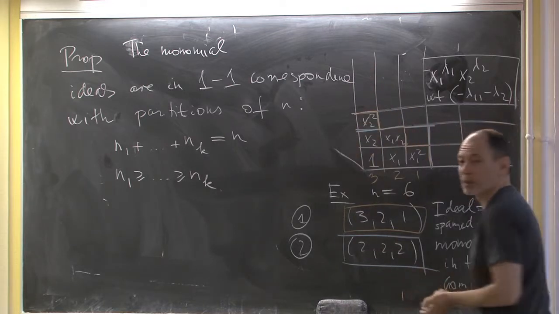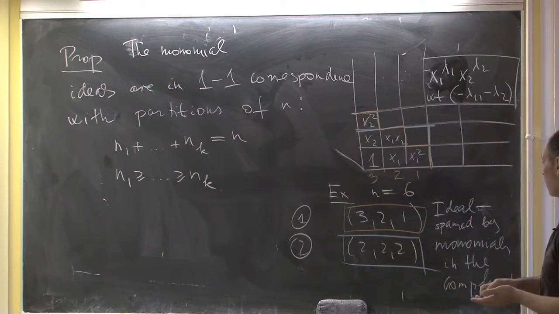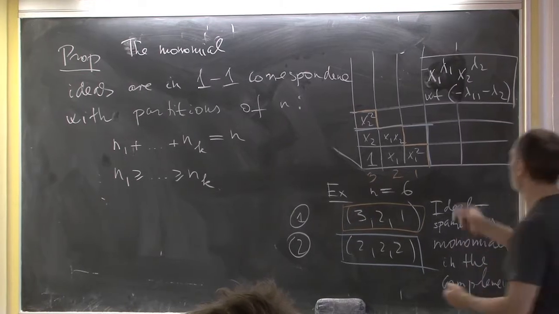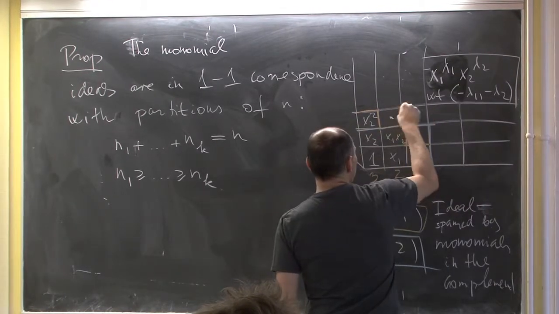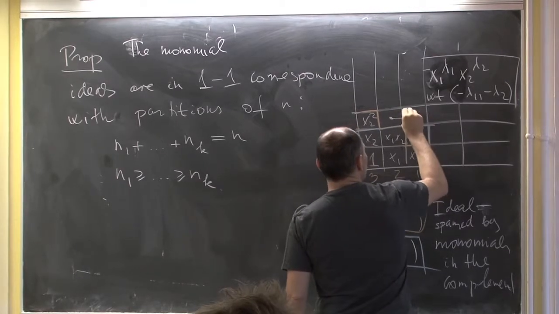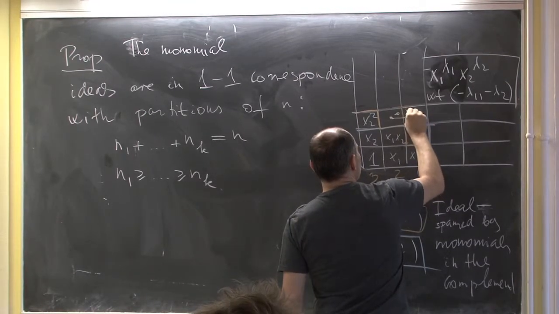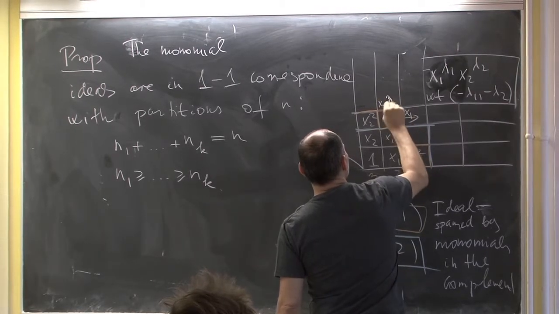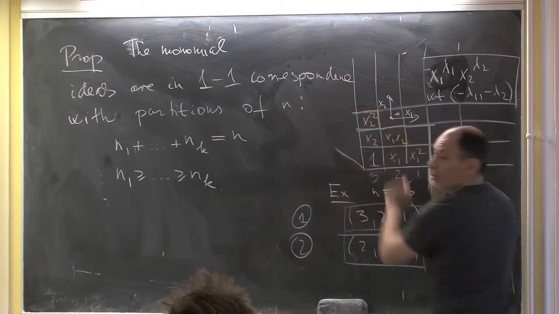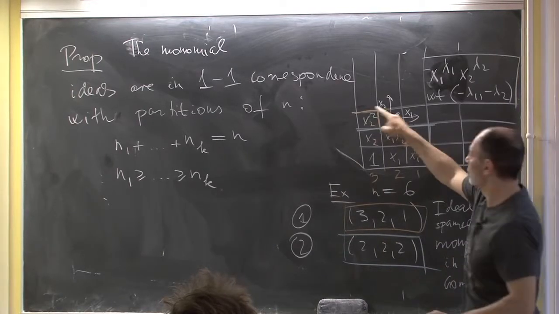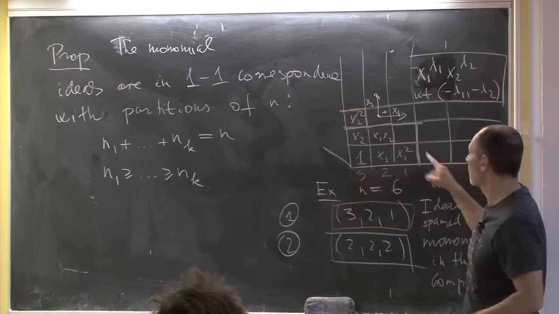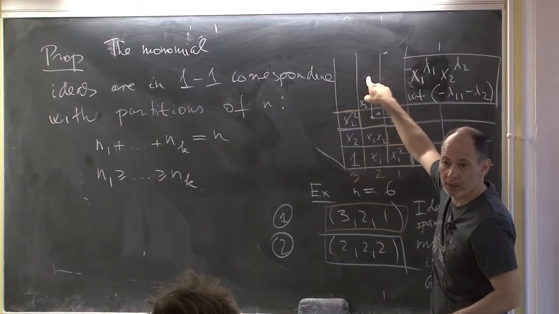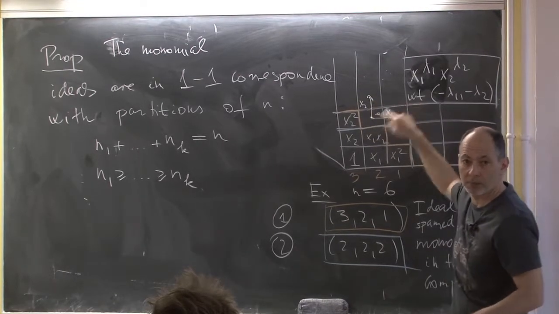And you see the point is, what does it mean to be an ideal? It has to be an R module, so it has to be invariant under the action of x and y. This is multiplication on the monomials by x1, and this is multiplication by x2, right? So if you have a staircase like this, then if you have a monomial in the ideal and multiply by x2, you remain in the complement, and here you remain in the complement.